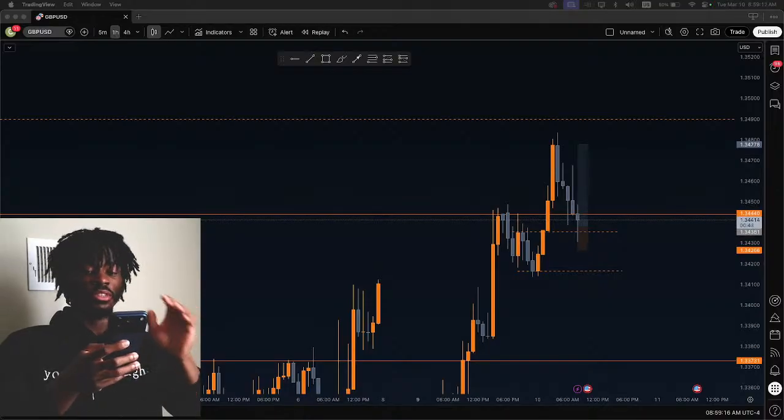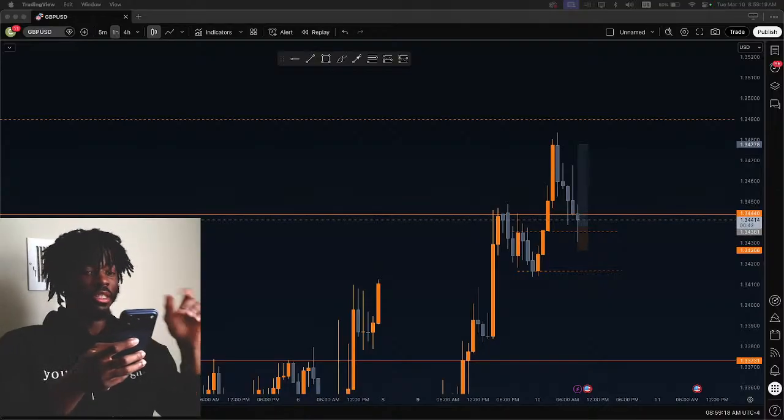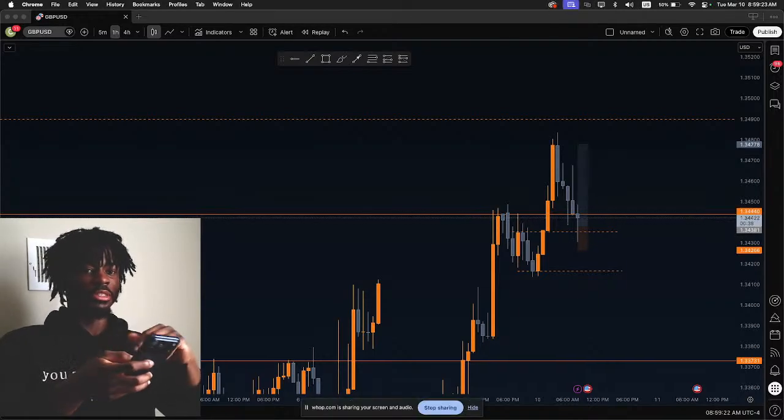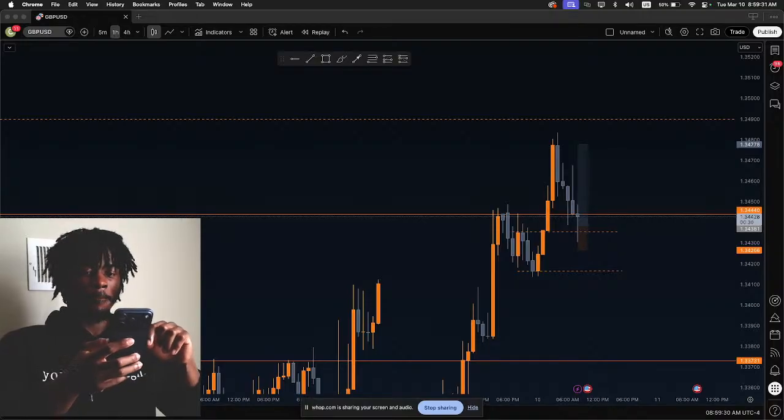If I'm receiving Bitcoin, I'll click on the Bitcoin, and then there'll be an option that says transfer. Once I see that transfer button, it'll say receive crypto. Let me see if that makes sense.